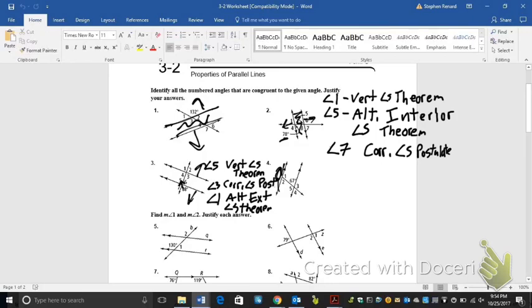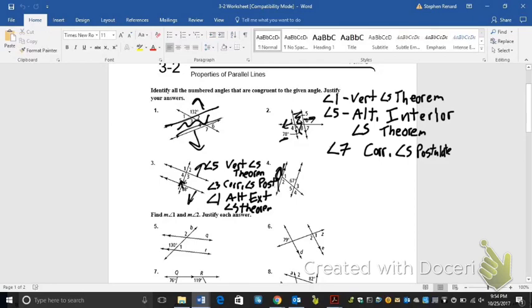So number 4, notice here that we only have 1 and 2 on the left-hand side. In the previous problems, we had always had 2 sets of 4 with the intersections. But here we only have 1 set of 4 and 1 set of 2. So when we're looking at 67 degrees, we can see that there isn't a corresponding angle.